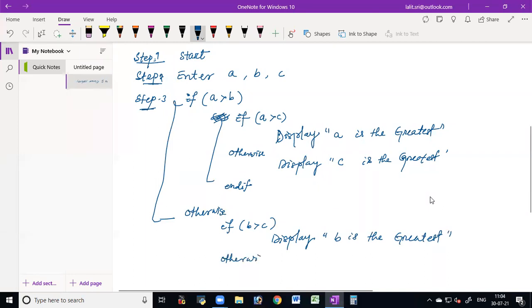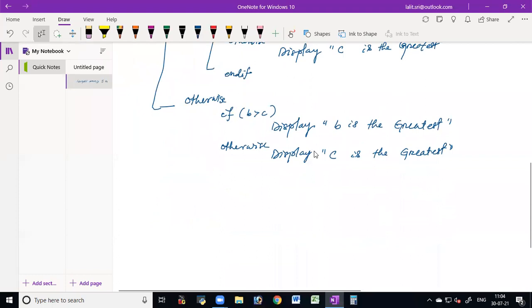Otherwise, display C is the greatest. Here this if ends, then the first if also ends, and here second if. Then step number 4, stop.